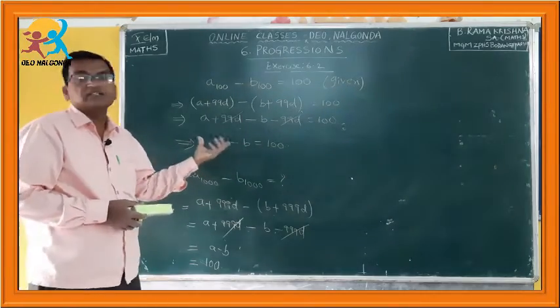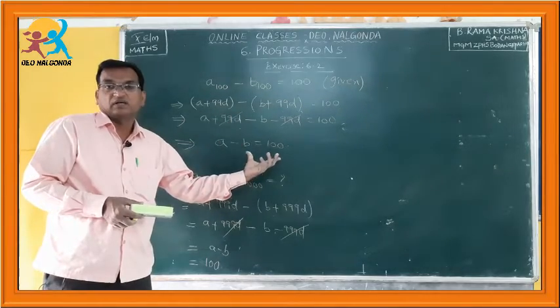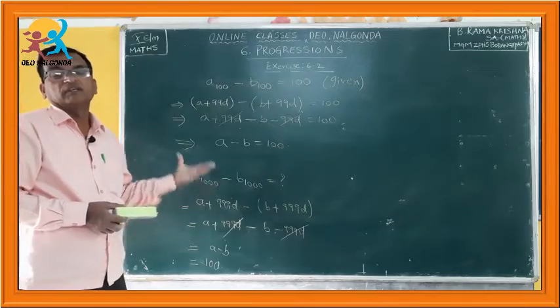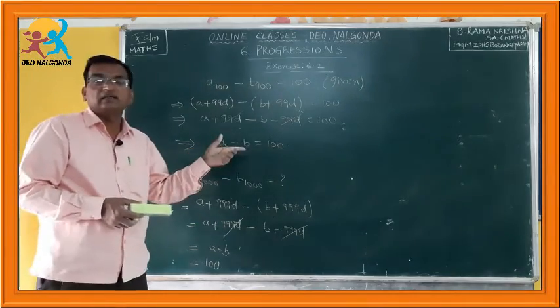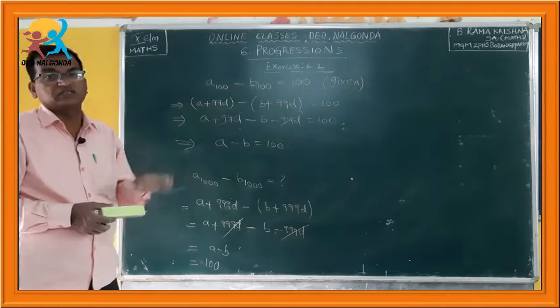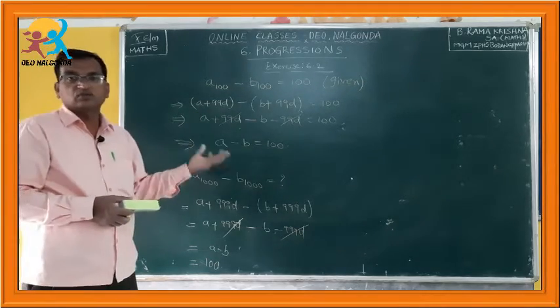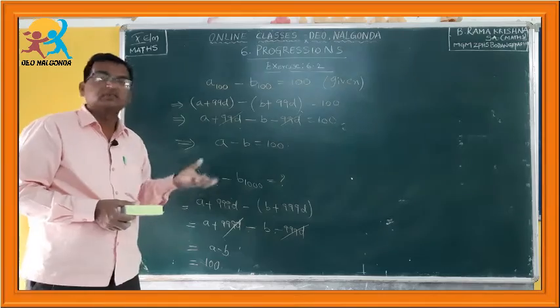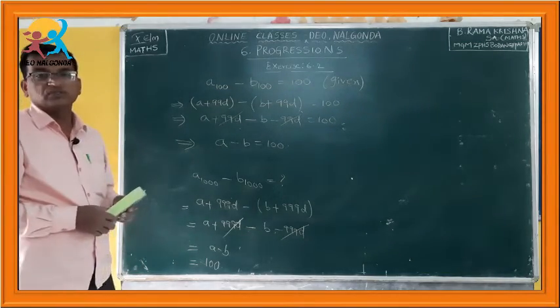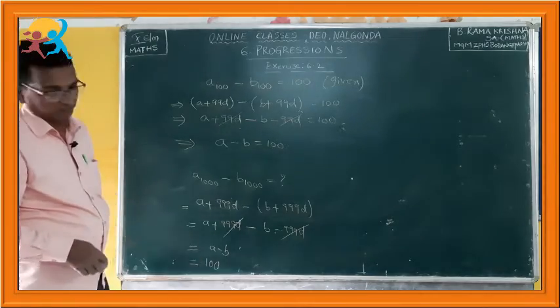That is what we obtain when you subtract any two same terms of the two series, 100th terms, 1000th terms, 20th terms, any terms like that. So, that is the conclusion we have to observe from this problem.